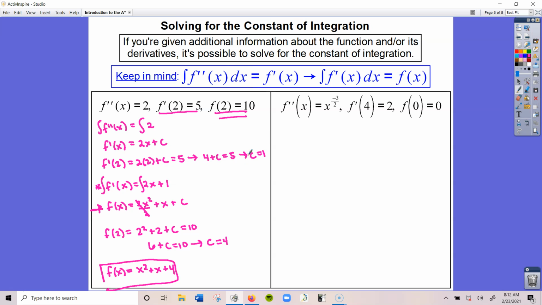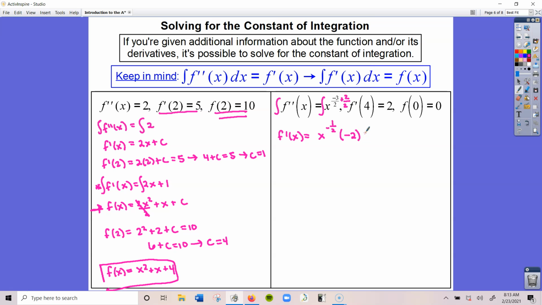Let's try that with another example. We have here f double prime of x is equal to x raised to the negative 3 over 2. F prime of 4 is equal to 2. And f of 0 is equal to 0. So first we're going to start off by integrating both sides of f double prime, which would give me f prime of x is equal to, now I have to add 1, so I'm going to add 2 over 2, which is x to the negative 1/2 multiplied by the reciprocal of that fraction, which is negative 2.